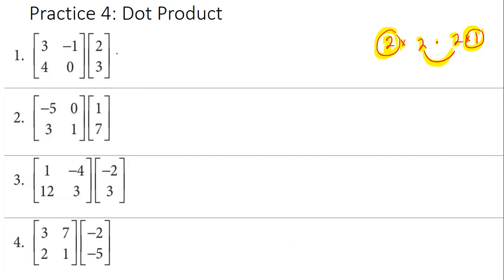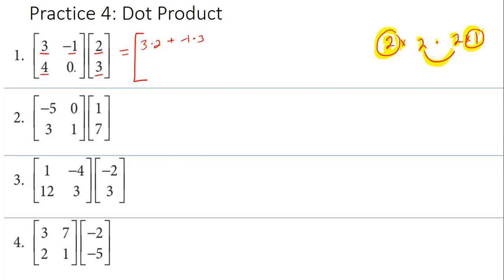All right, so here we go with the math. If you don't want to do highlighters, I'm going to show you the line test. The line model works like this. I know I'm making a 2 by 1. So I have 3 times 2 plus -1 times 3. That's my first element, and it's done. Now I'm going to go on to the second row.